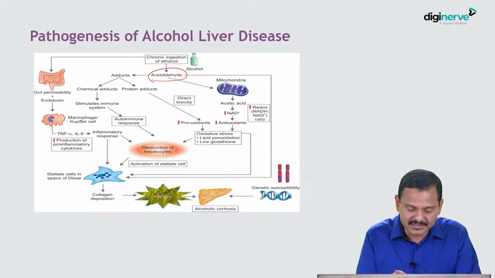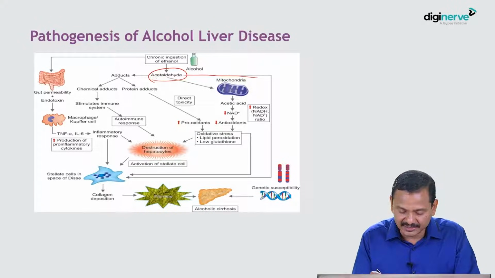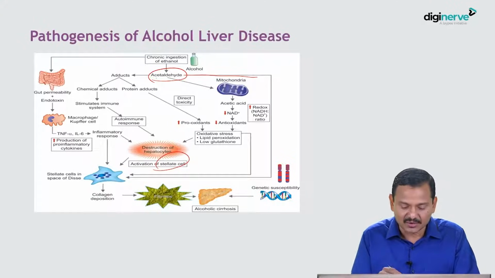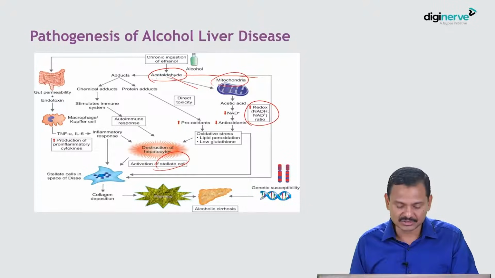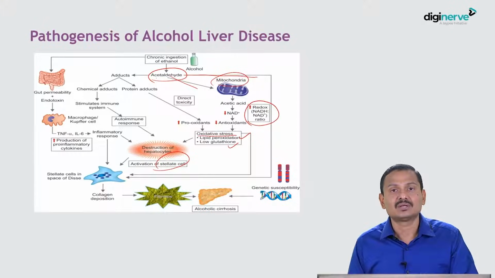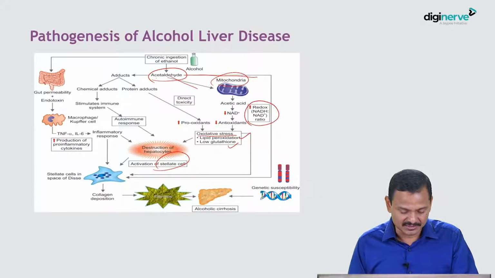Okay, this acetaldehyde can directly cause injury, or it can directly activate the stellate cells, or this acetaldehyde is processed in the mitochondria. In the mitochondria, we saw that NADH was generated, so that will increase the redox potential, as well as it can cause oxidative stress through lipid peroxidation as well as low glutathione synthesis.